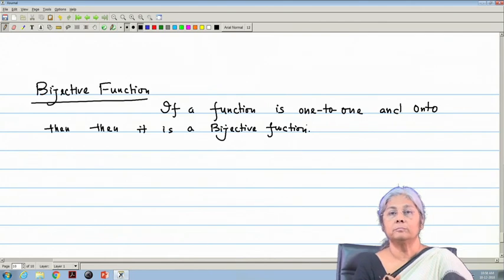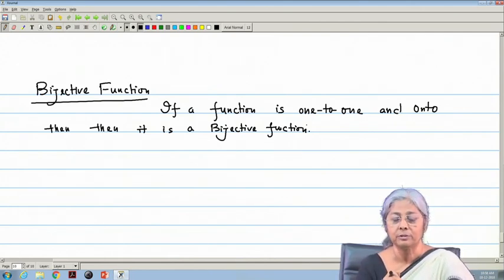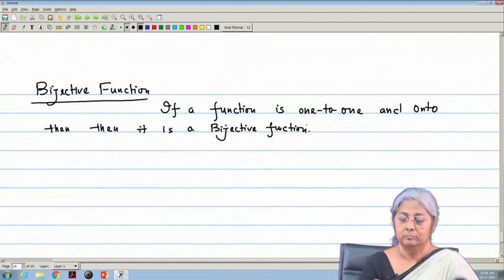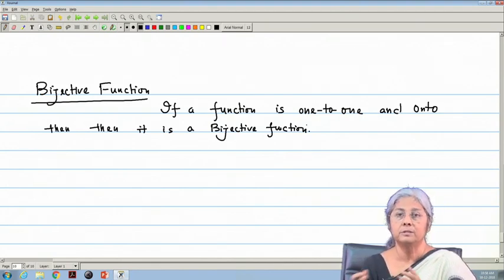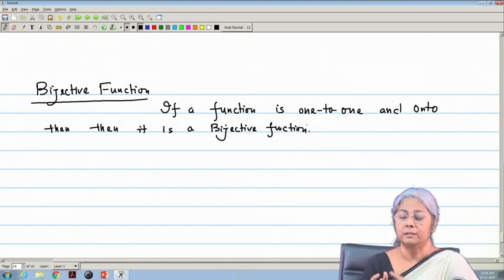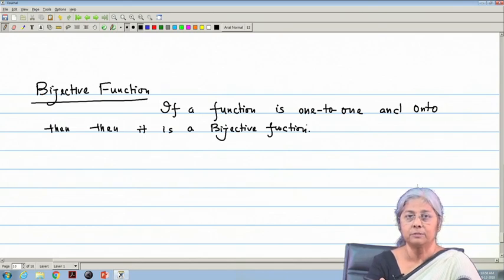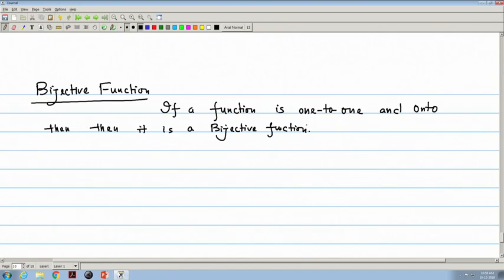So, we have read the basic concepts of function and the three different types, mainly the injective function, surjective function and the bijective function, and some simple examples of what type of function it is, and what the conditions are to be satisfied to show that it is bijective, or injective, or surjective.